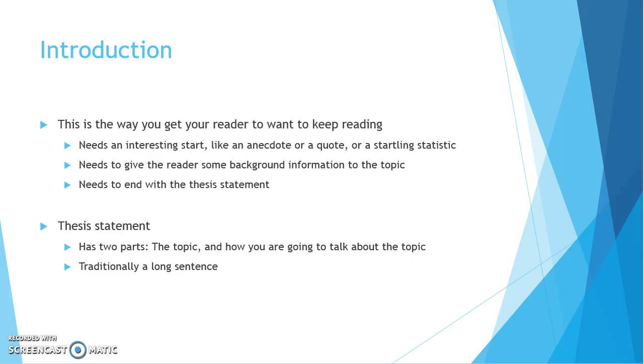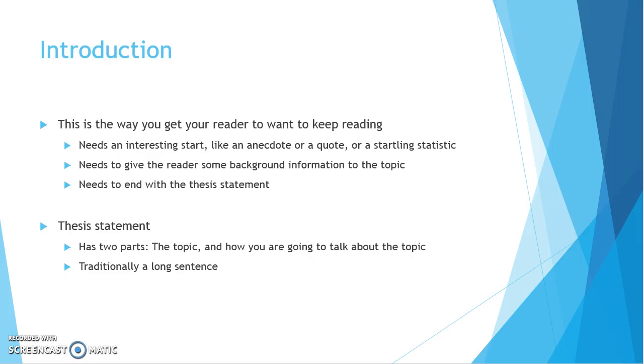Your introduction's job is to give the reader some background information on whatever the topic is, and then at the end of your introduction, you want to have a thesis statement. Now a thesis statement seems to be the thing that most students have trouble with. They know that they're supposed to have some sort of sentence that tells us as readers what the rest of the essay is about, but they aren't always sure exactly what makes up a thesis statement.